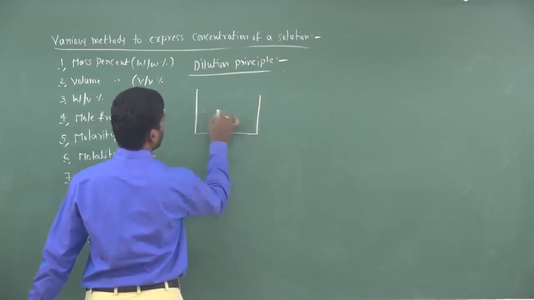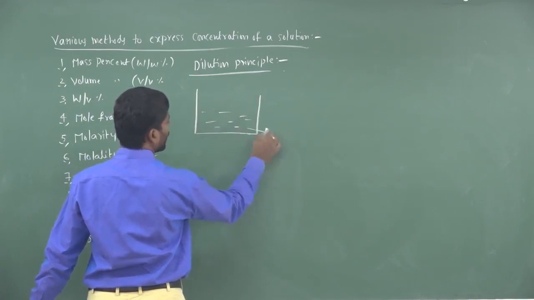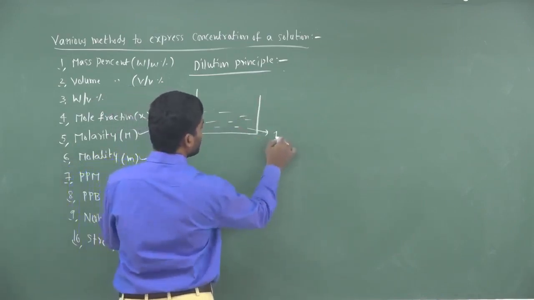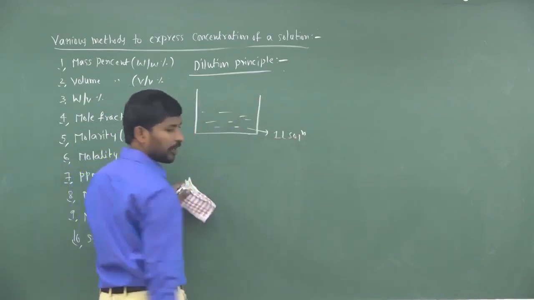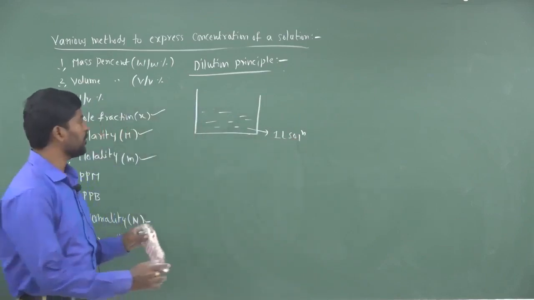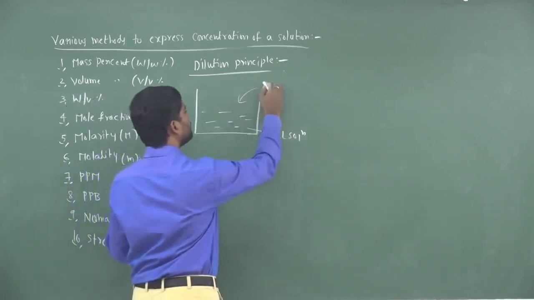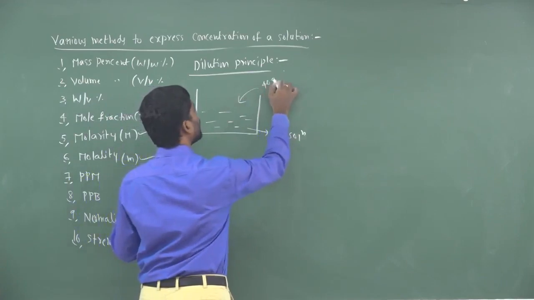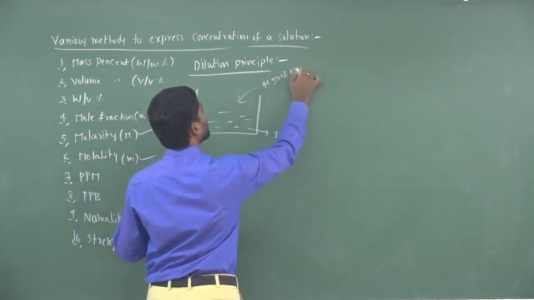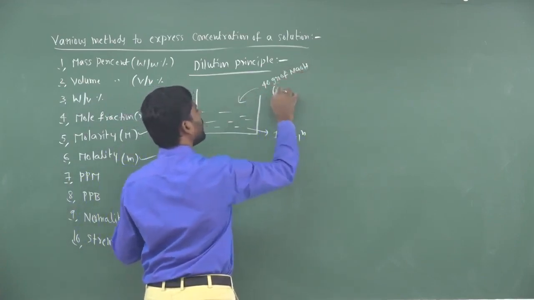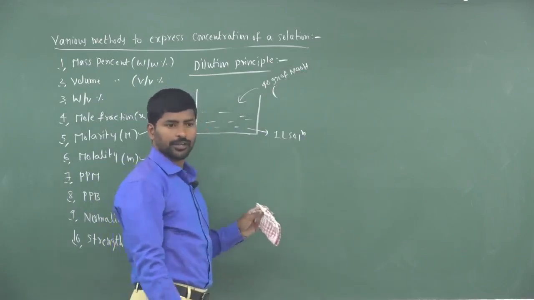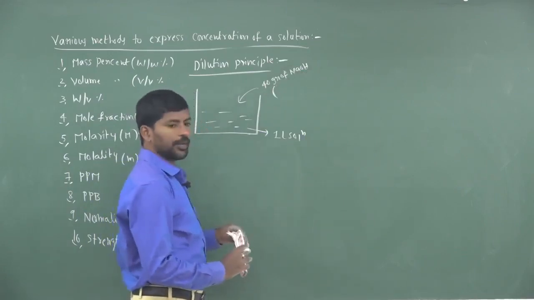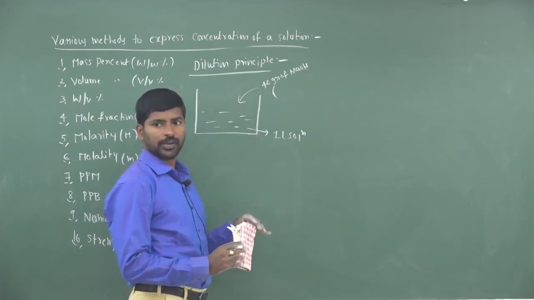For example, let us consider a 1 liter solution in which 40 grams of NaOH is present. 40 grams of NaOH means how many moles? Number of moles is equal to weight by molecular weight, 40 by 40, the molecular weight of NaOH.